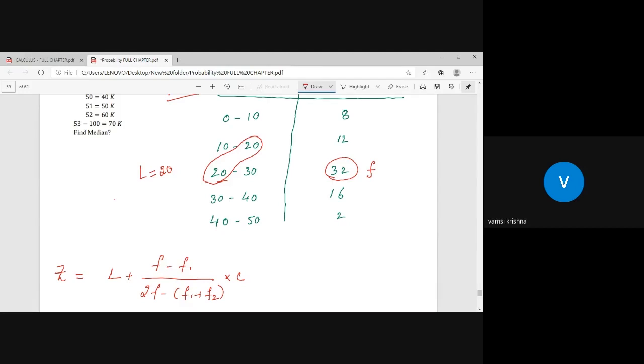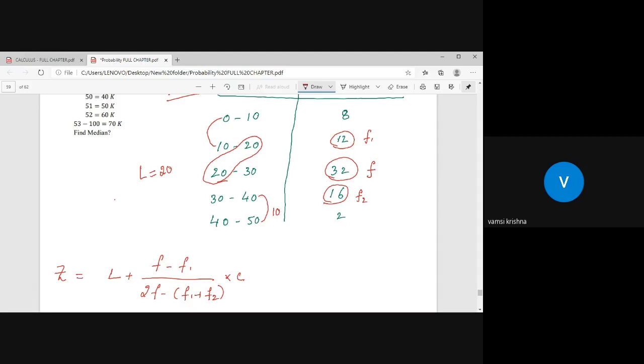So f1, f2 are the neighboring frequencies. This is f1 and this is f2. Into C, class interval. Class interval you can take anywhere. Here, 40, 50, the difference is 10. It is the difference between two successive lower bounds or two successive upper bounds.